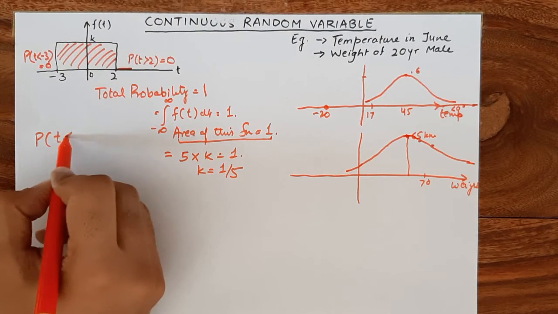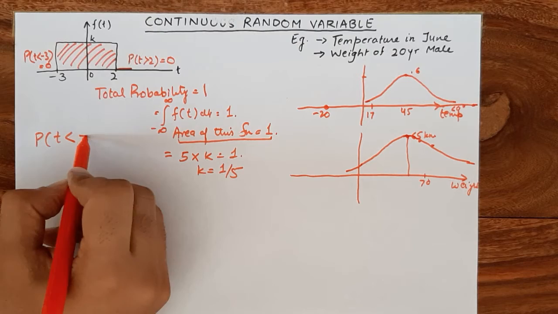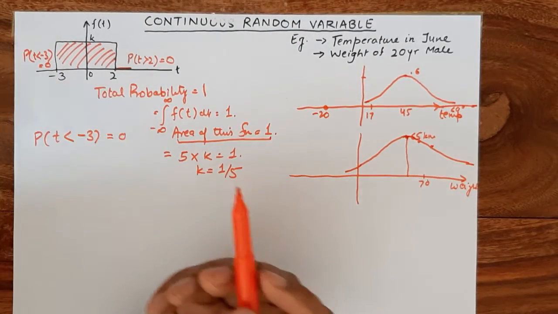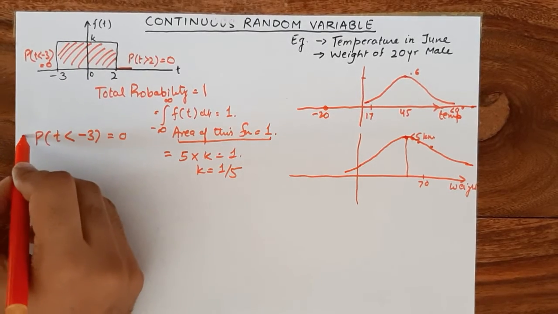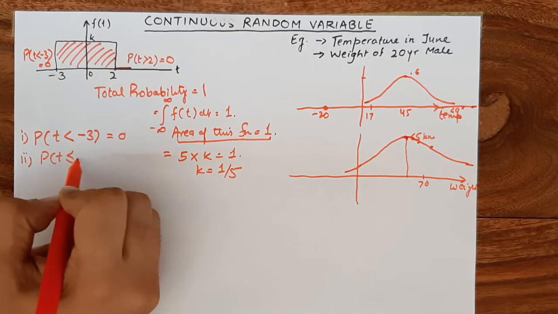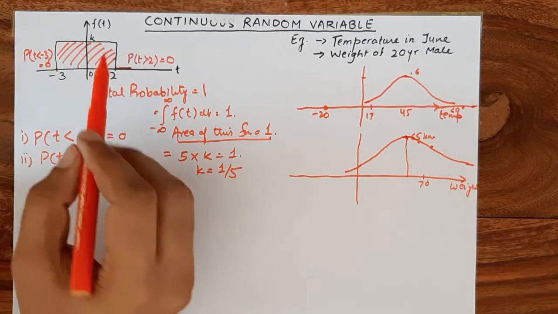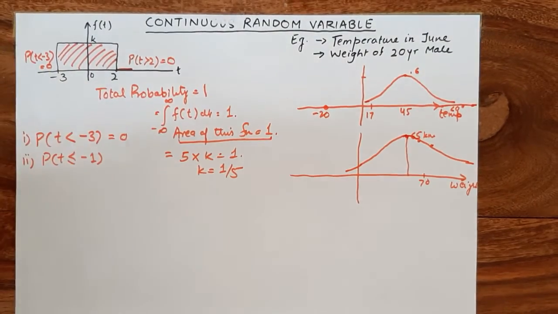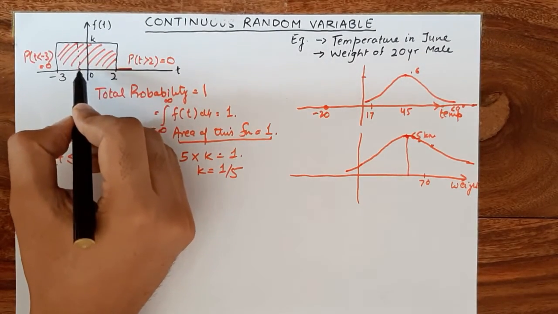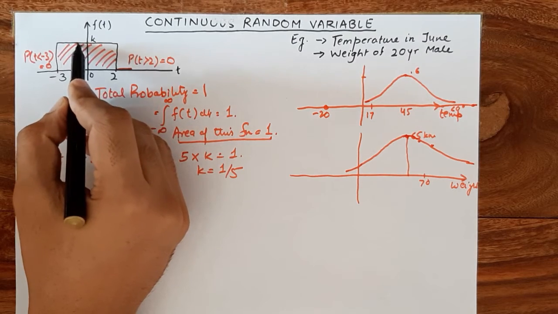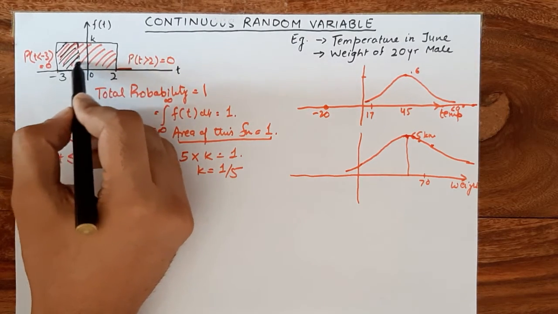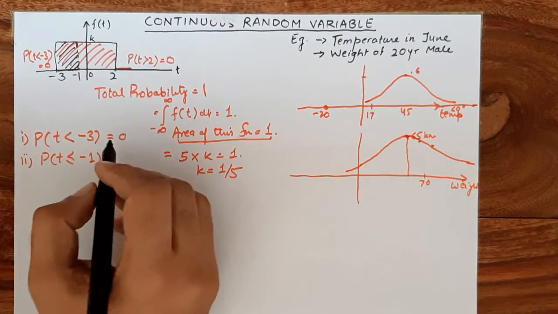Once k is known, then everything falls into place. If you wish to find the probability of t less than -3, that will be 0, since anything less than -3 has a probability of 0. And if you were to find the probability of t less than or equal to -1, you need to draw a line at -1 here and find the area of this portion of the rectangle.